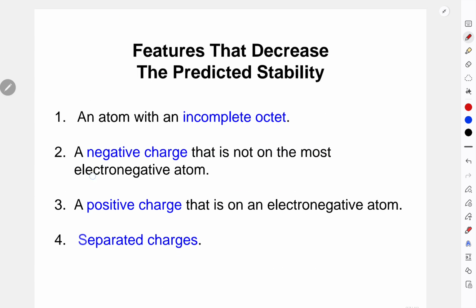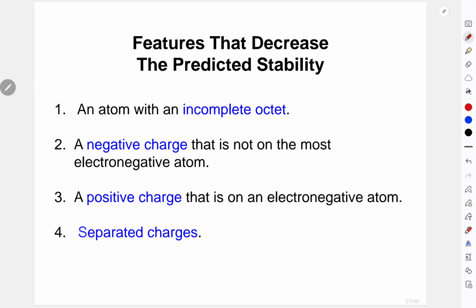These are the summary features that decrease the predicted stability and degree of contribution to the resonance hybrid. One, an atom with an incomplete octet is not good. Two, a negative charge that is not on the most electronegative atom, as we discussed in the previous slide.